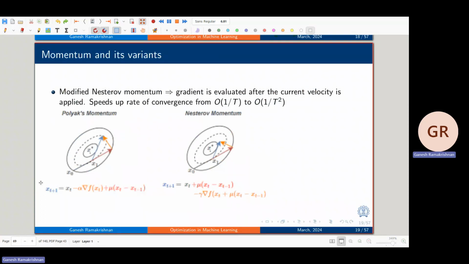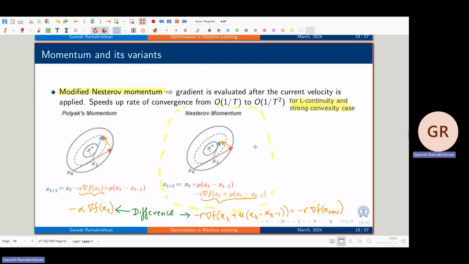This difference here. Okay, so this is the difference. Alpha gradient f of xt, and here you have gamma at the new step. Think of this as gamma f of x new.